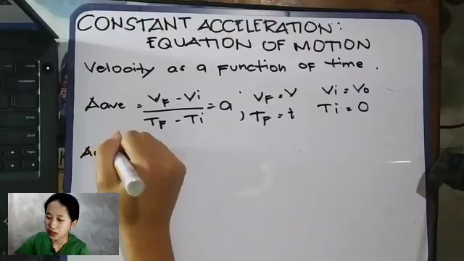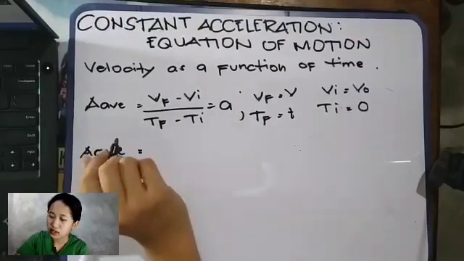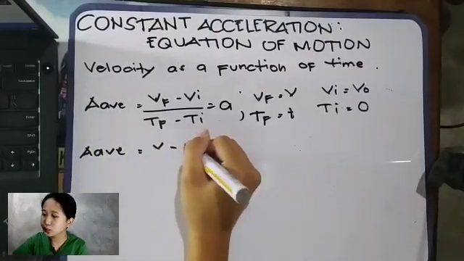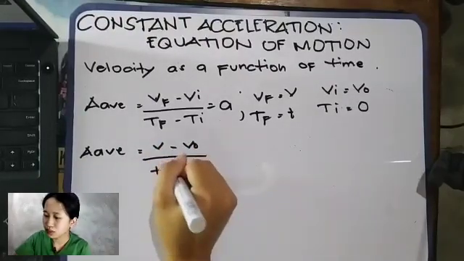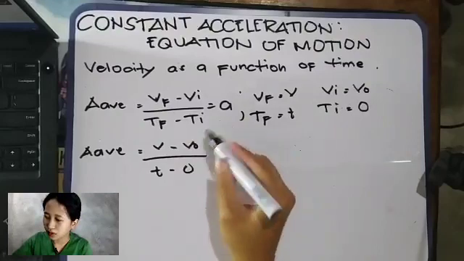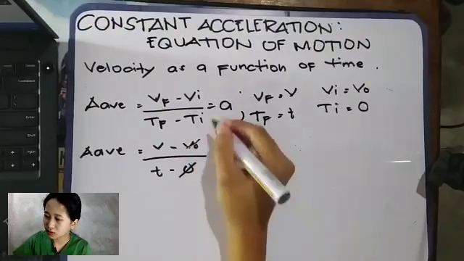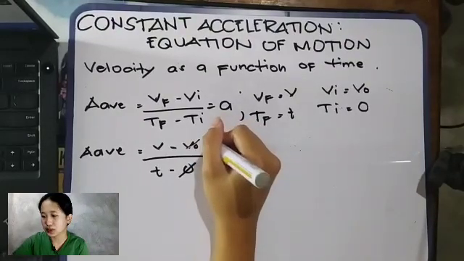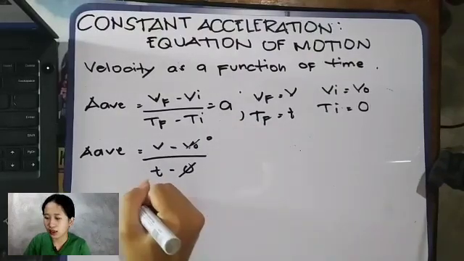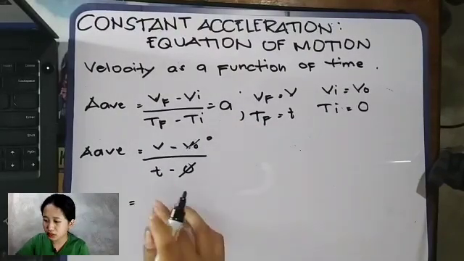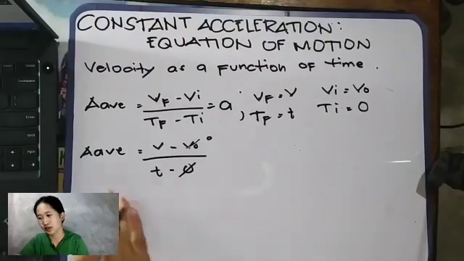So, average acceleration is equals to V minus V0 all over T minus 0 is equals to a. So, after natin ma-denote, itong 0 na to is makaka-cancel na since 0 lang naman.